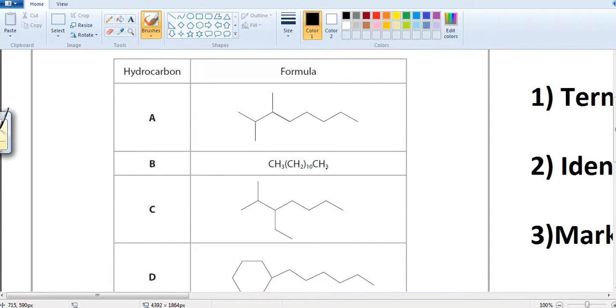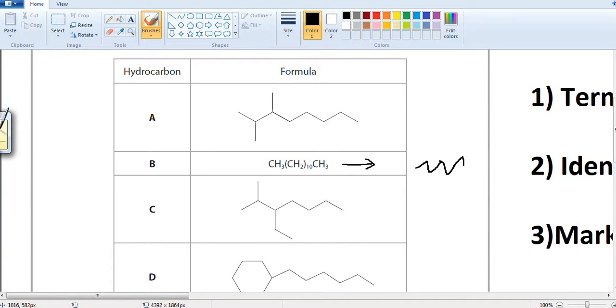In B there is no branching. If we draw the skeletal formula of this, it is the straight chain, and it has 12 carbons.